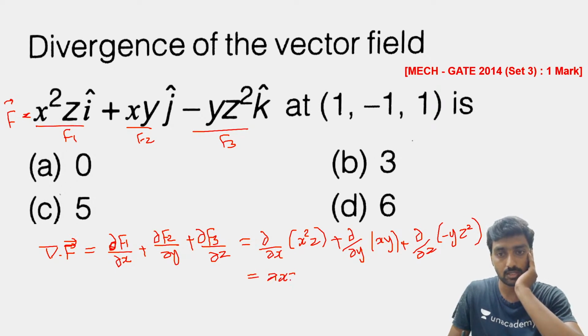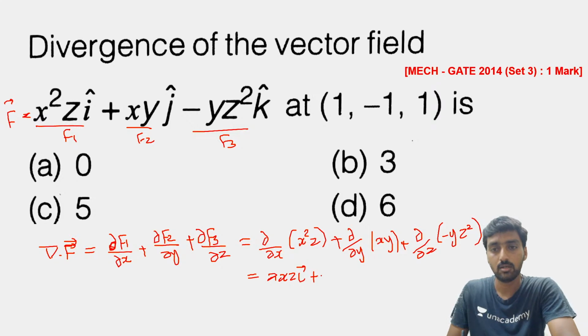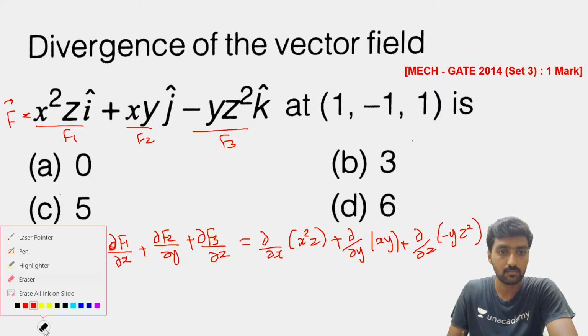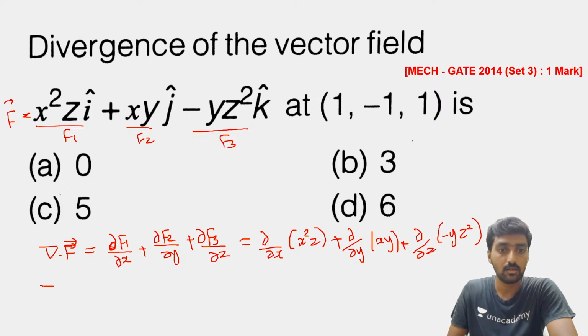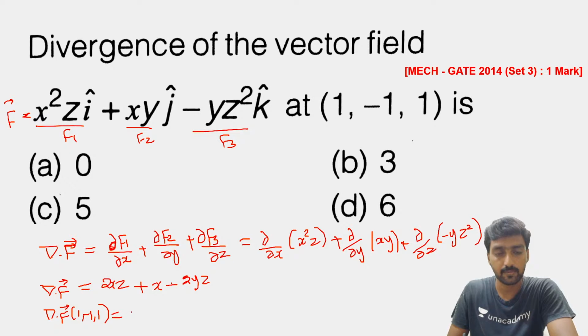It's 2xz plus x minus 2yz. Now del dot F vector at (1, minus 1, 1).